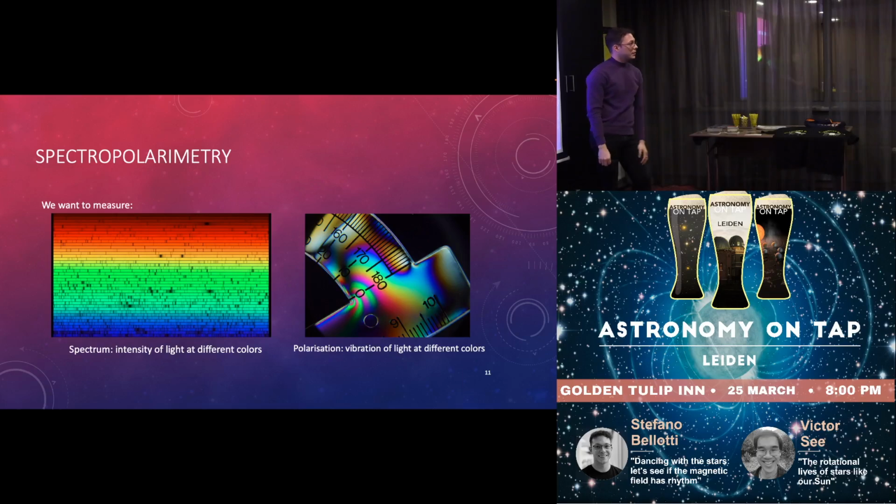Over the course of the lifetime of the star, is the cycle consistent or does it change? It's a good question. We do not really know because we haven't been observing the sun for even 300 years. That's not enough, and we have observations of cycles of other stars, but it's not enough.